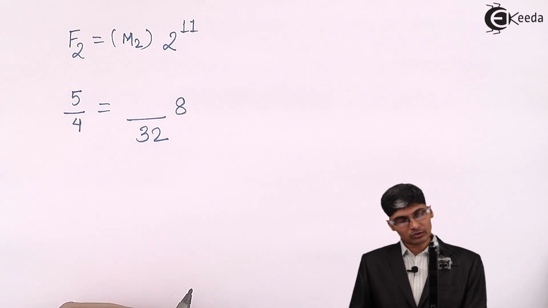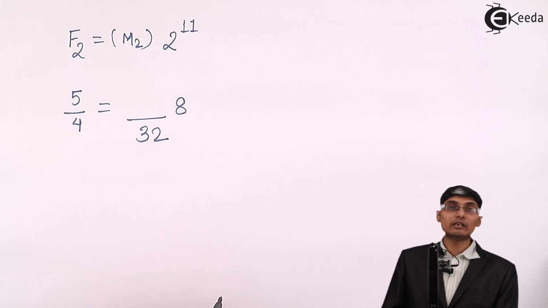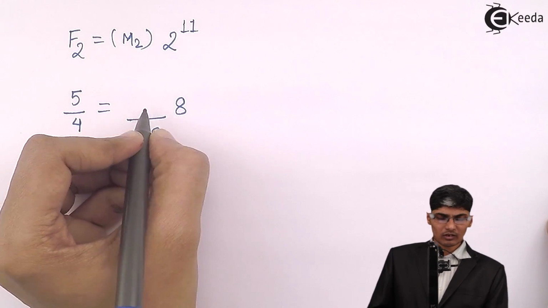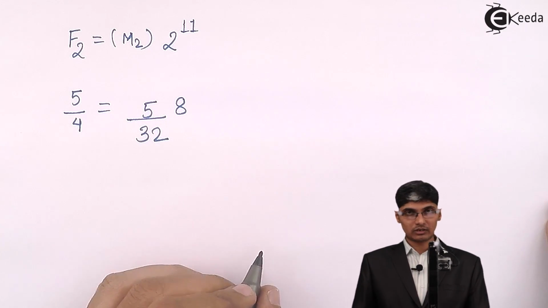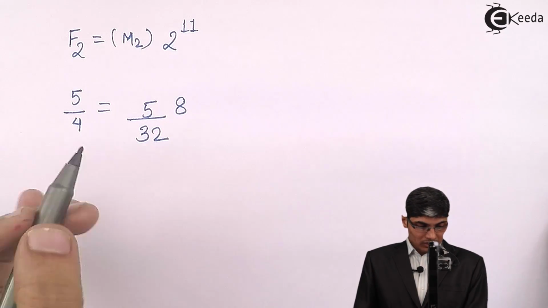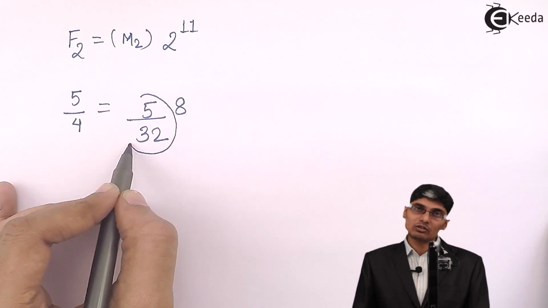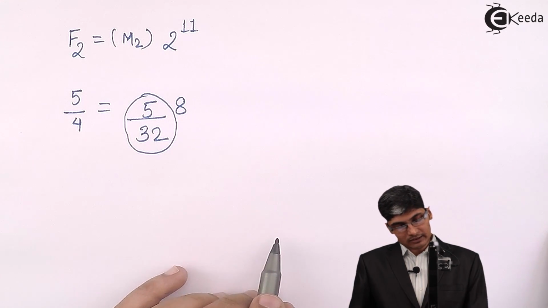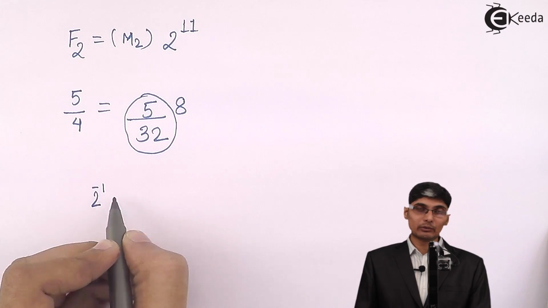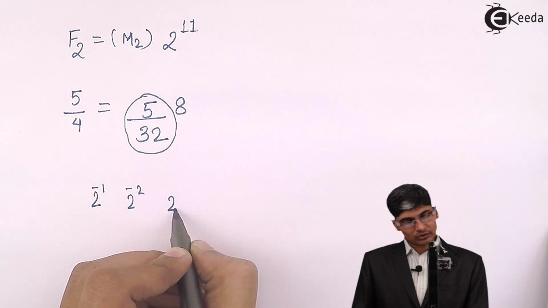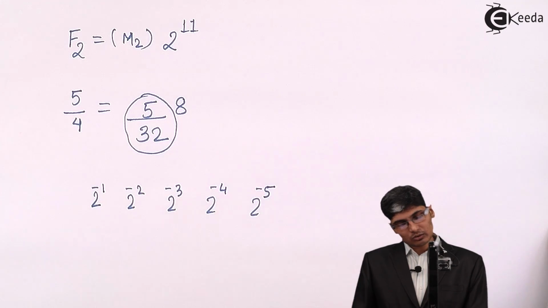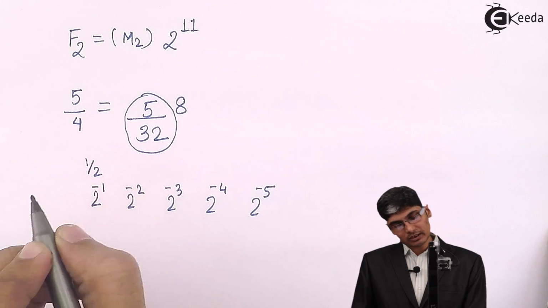That means there should be 32 here, and the numerator I want is 5. Now I need to adjust this to 5 by 32. Now we have 2 raised to minus 1, 2 raised to minus 2, 2 raised to minus 3, 2 raised to minus 4, 2 raised to minus 5.